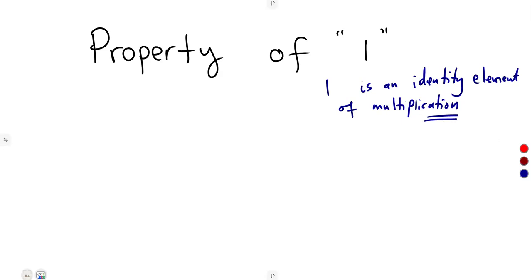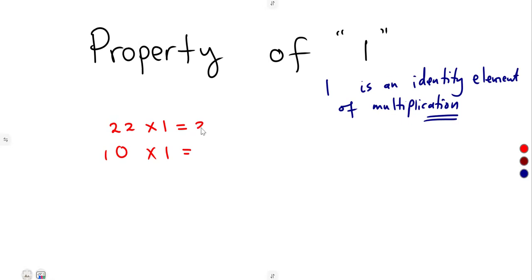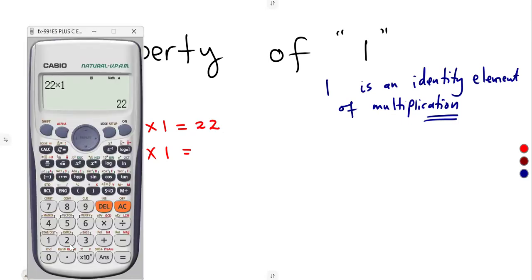meaning to say, as a property of 1, any number that you take, 22 multiplied by 1, 10 multiplied by 1, what exactly happens? What is 22 times 1? It is 22. What is 10 times 1?